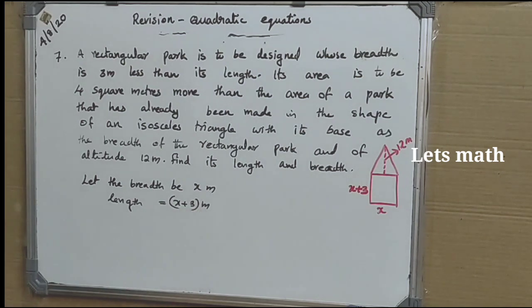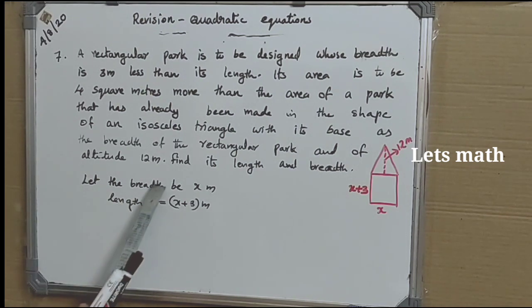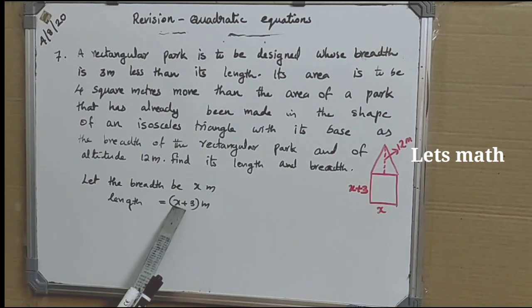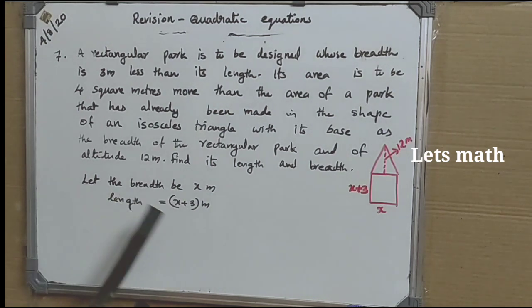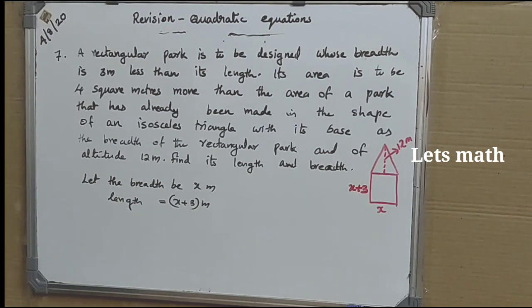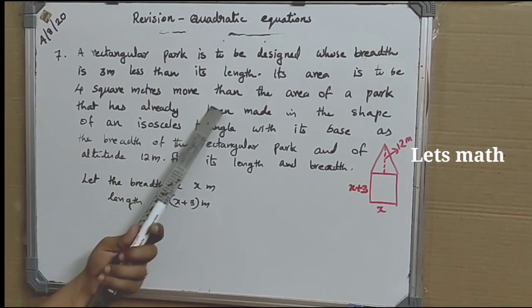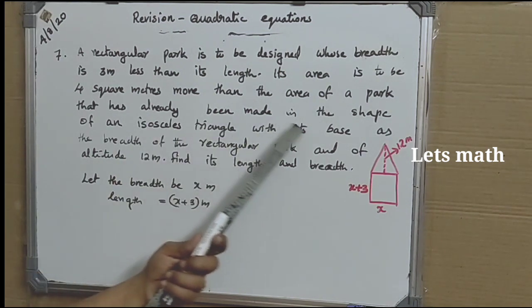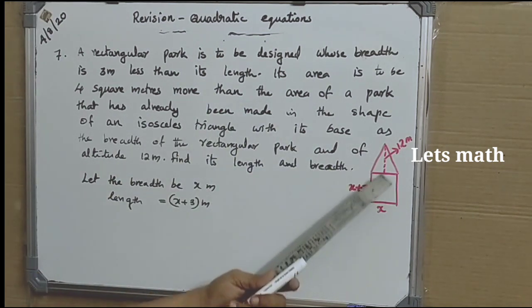Let the breadth be x meter, so that the length is x plus 3 meters, given the condition that breadth is 3 meter less than its length. So you can take it like this. And see the next condition. Its area is to be 4 square meters more than the area of a park that has already been made in the shape of an isosceles triangle.